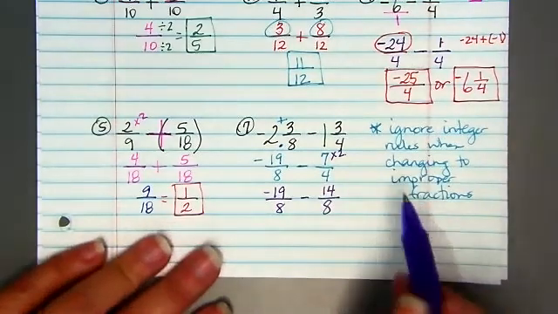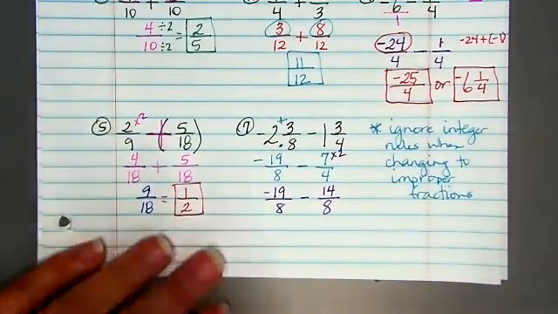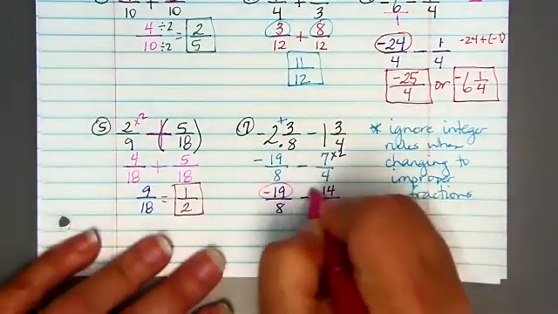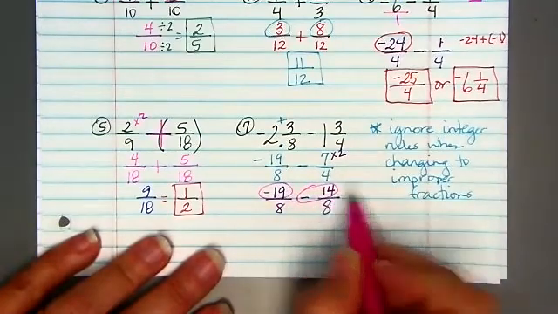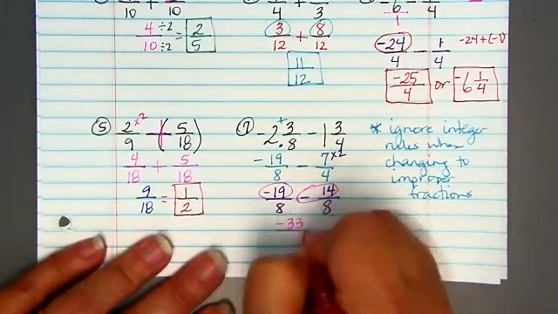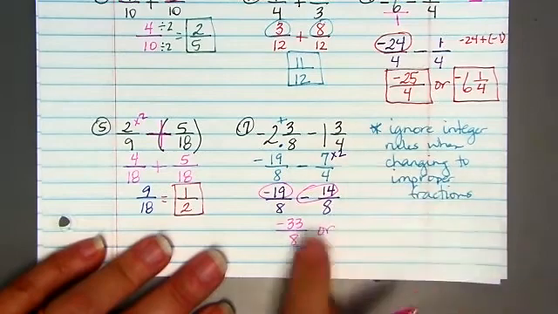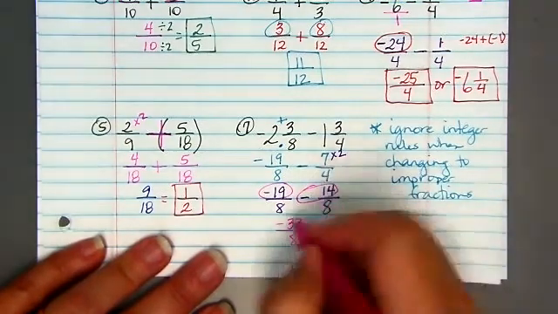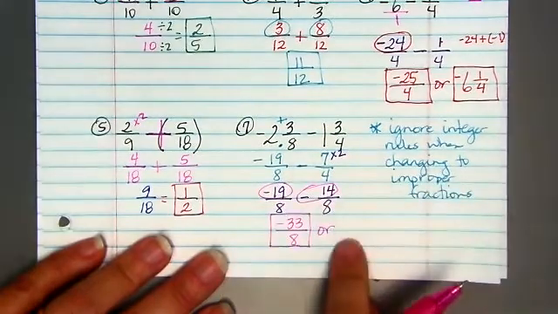When I'm looking at this, they're both negative, so therefore I'm adding, okay? Because both of these are negative numbers, I'm actually going to add. They're doing teamwork. So we end up with a negative 33/8. I can't simplify this any further. So this is a correct answer, or I change it to the mixed number.